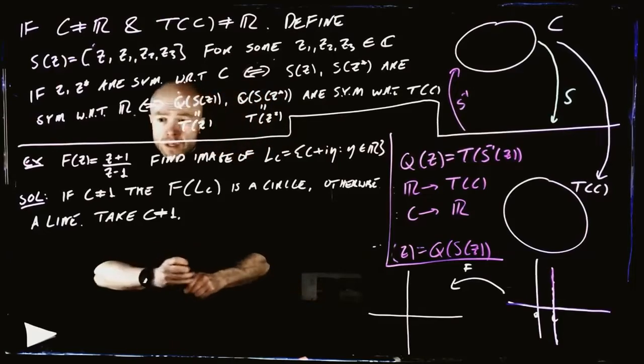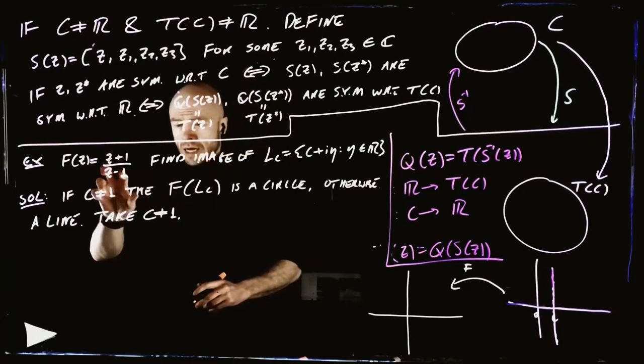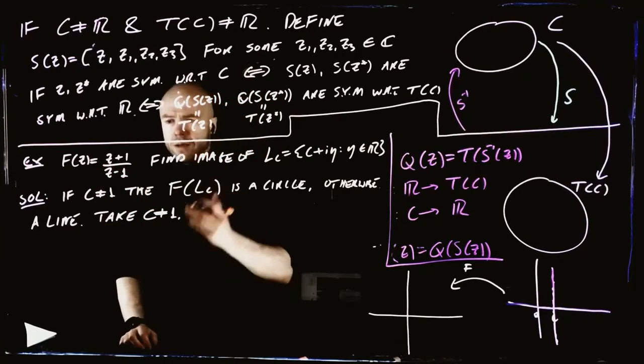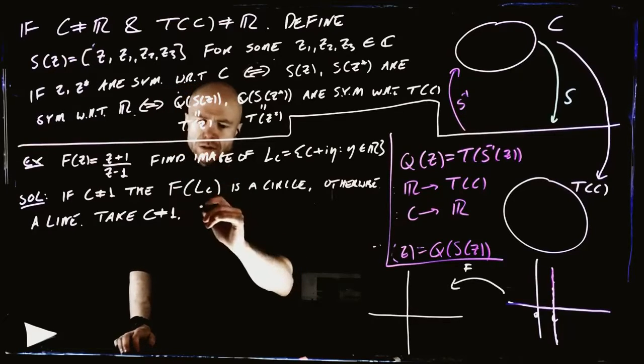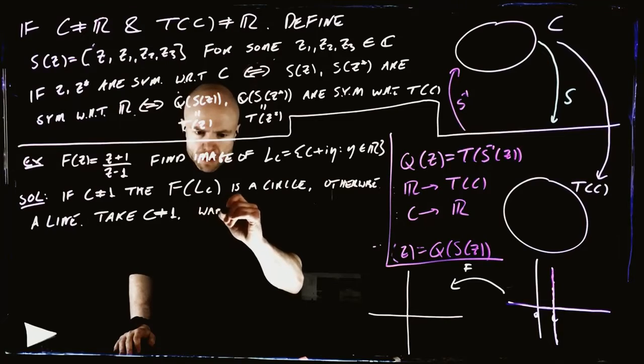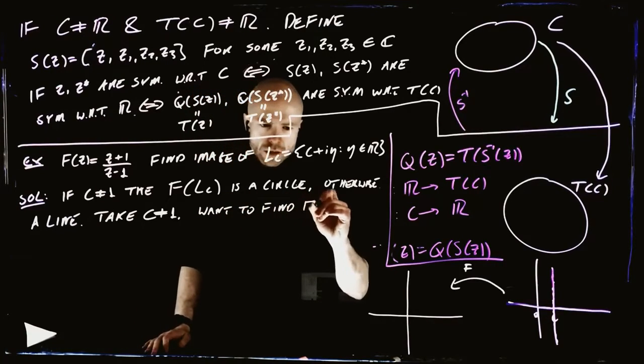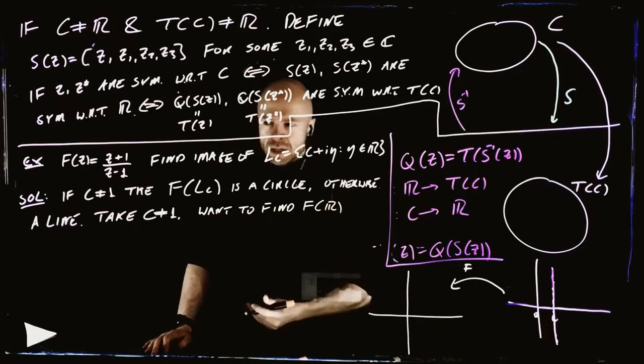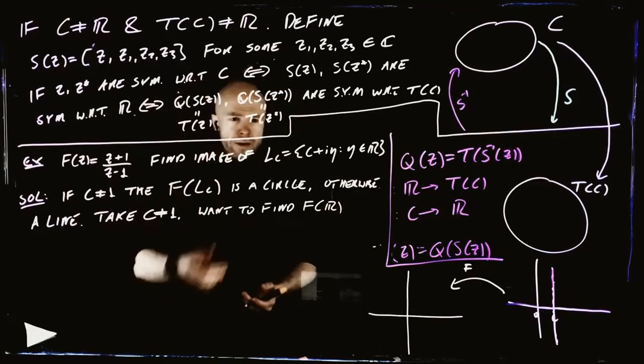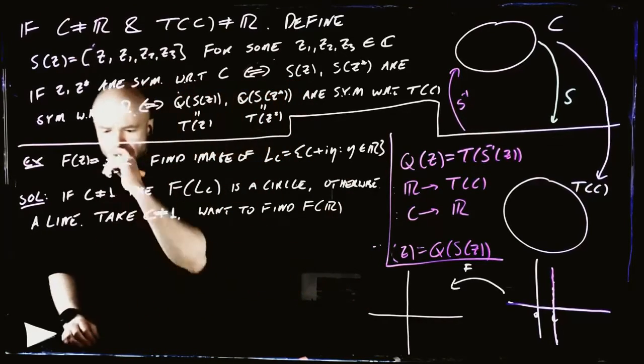So if we look at this thing applied to the real line, well, there's a couple things we can do. We want to find f for the real line, because that's going to be easier than our general line L of C, right? And what do we notice?